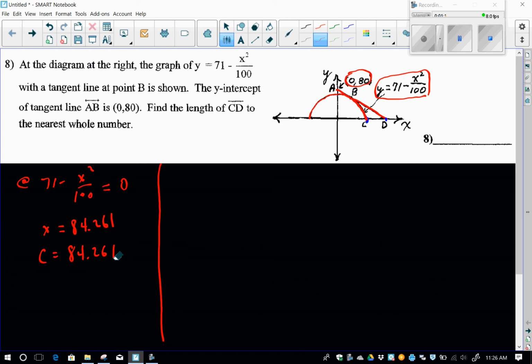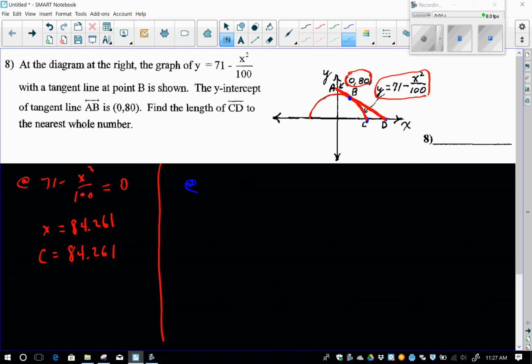Now let's work on finding our D value. Before we can find D, we need to find the equation of this tangent line. At this point B, the tangent line and the function have two things in common. Both graphs are equal to each other, as well as both slopes.